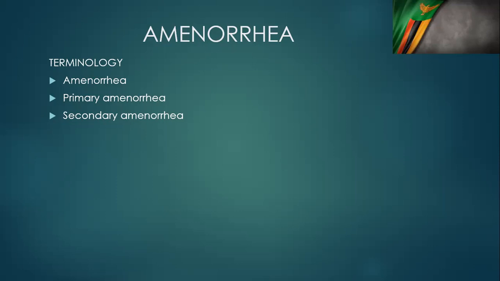But the basic definition is just absence of menses. But you need to be careful about when it's asked for as a definition. You need to be clear. Is it primary you are defining? Is it secondary amenorrhea you are defining?